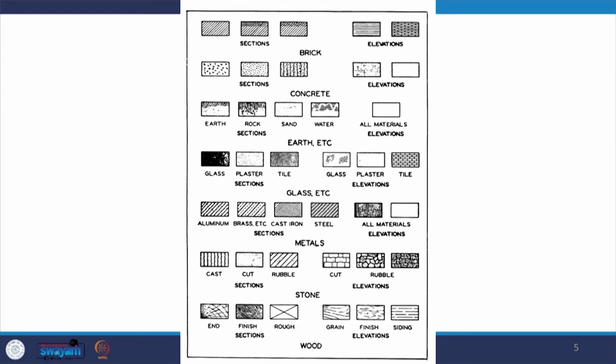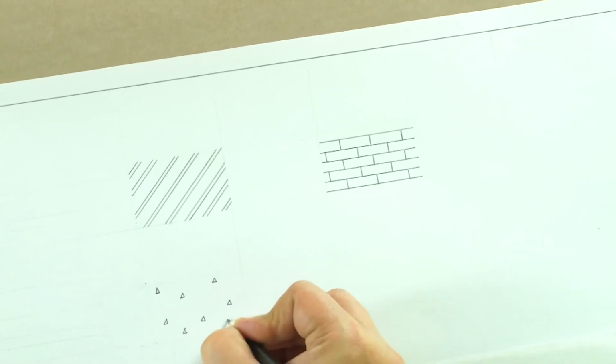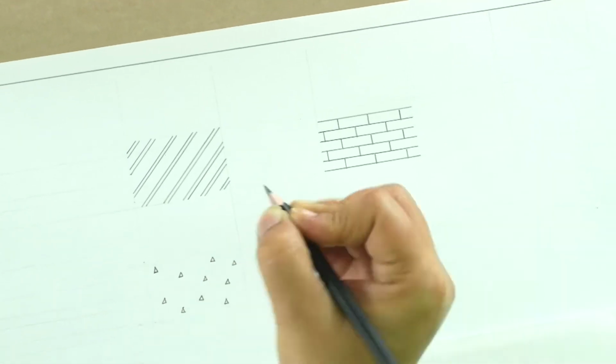The next we have is concrete, the components of concrete. Suppose you have PCC, plain cement concrete. All of you would know that there are three components that go into concrete: coarse aggregate, fine aggregate, and cement. All three parts are represented for PCC in section. We first make the coarse aggregate representations, which are small triangles.